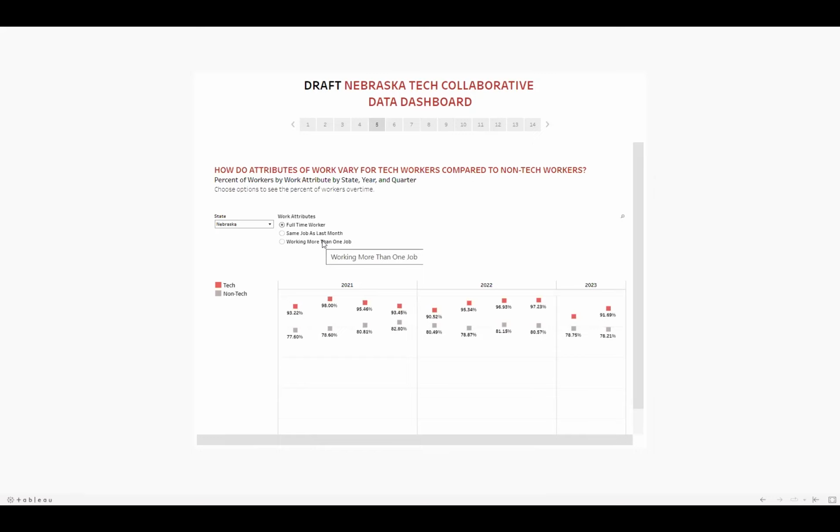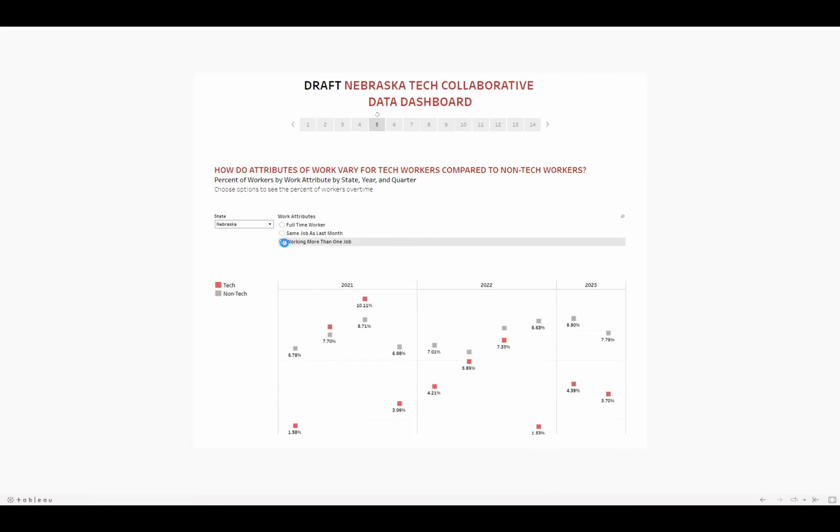Yeah. And there's just a lot of interesting things in here. Like when we think about underemployment and the tech workforce, or compared to the tech workforce, you see it more in the non-tech workforce where they might hold multiple jobs versus working one full-time. So there's a lot of opportunity from my perspective as someone who's very supportive of career changers and the potential for increased economic prosperity for Nebraskans.